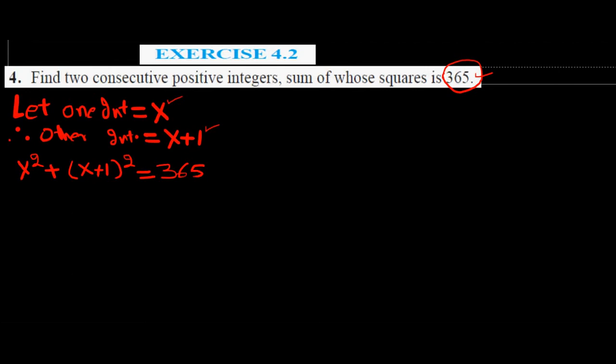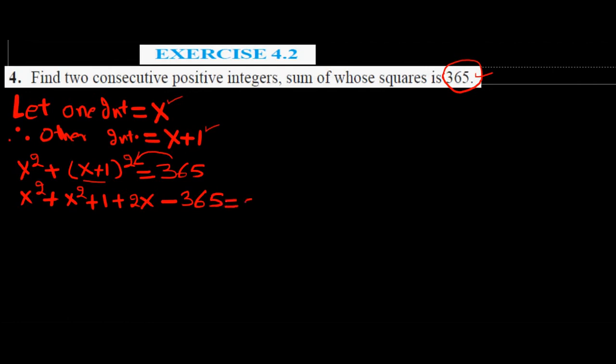So now x square plus, I will expand this by using formula (a plus b) whole square. So this will be x square plus b square, 1 square is 1, plus 2ab, 2 into x into 1 is 2x. I will move this 365 to this side of the equation, so it will become minus 365.